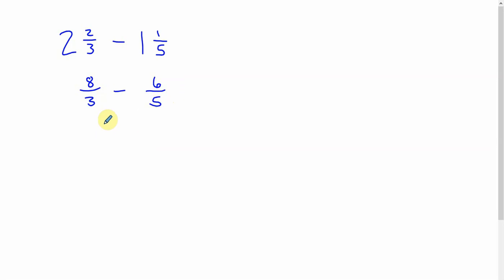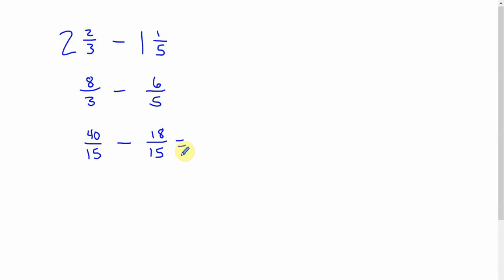But subtracting fractions as normal means getting a common denominator. I have 3, I have 5, so my common denominator could be 15. So 3 times 5 gives me 15, so I'm multiplying by 5. 8 times 5 is 40. 5 times 3 gives me 15, so 6 times 3 gives me 18.